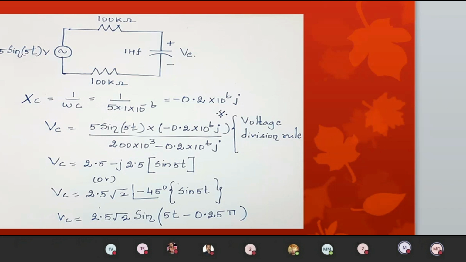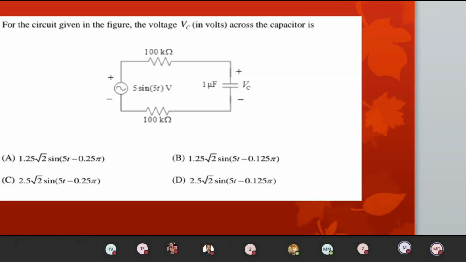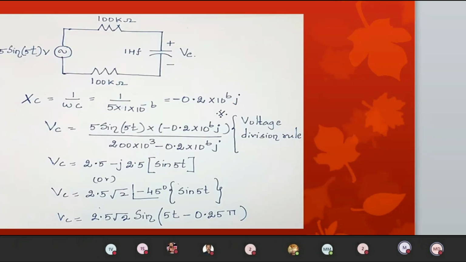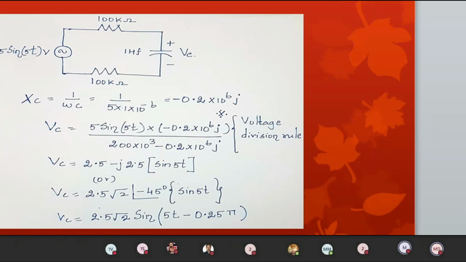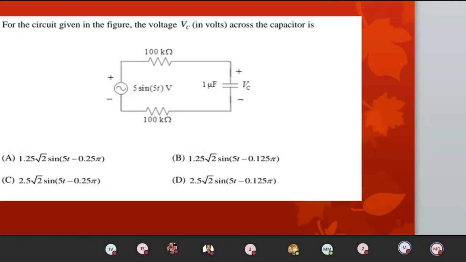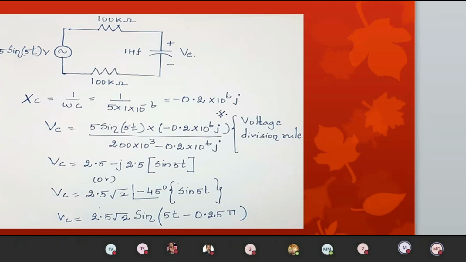Okay. So you have four choices. See, in all the choices, you have 2.5 root 2 or 1.25 root 2. Okay, so once again, be watchful. And then 5t minus 0.25 pi, again 5t minus 0.125 pi. So your choice is 2.5 root 2 sine 5t minus 0.25 pi. Okay. So it is very simple.